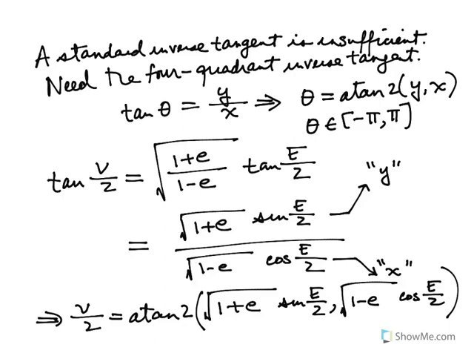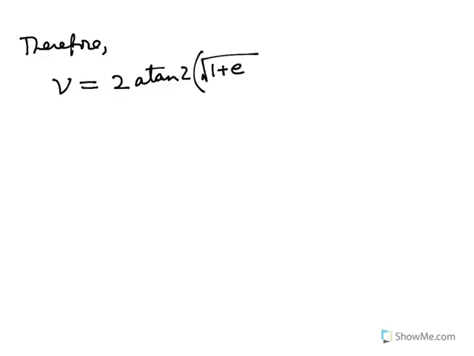And this right here now gives us a way to compute the four-quadrant true anomaly. So therefore, the true anomaly is equal to 2 times the four-quadrant inverse tangent of the square root of 1 plus e times the sine of E over 2 and the square root of 1 minus e times the cosine of E over 2.